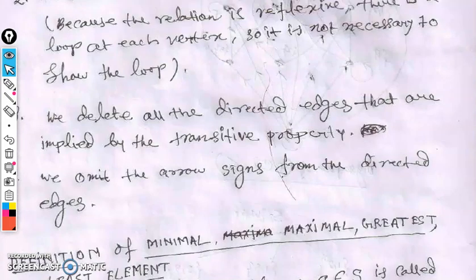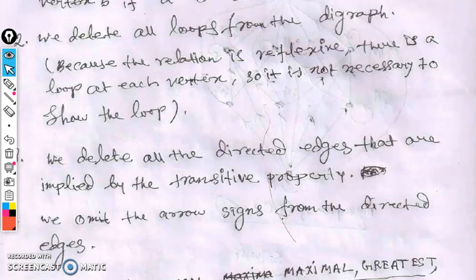Next, we delete all the directed edges that are implied by the transitive property. That means when you draw an arrow from A to B and B to C, it represents that there is a relation from A to C. But when we draw the arrow diagram, we just make an arrow from A to C for representation of the transitive property.